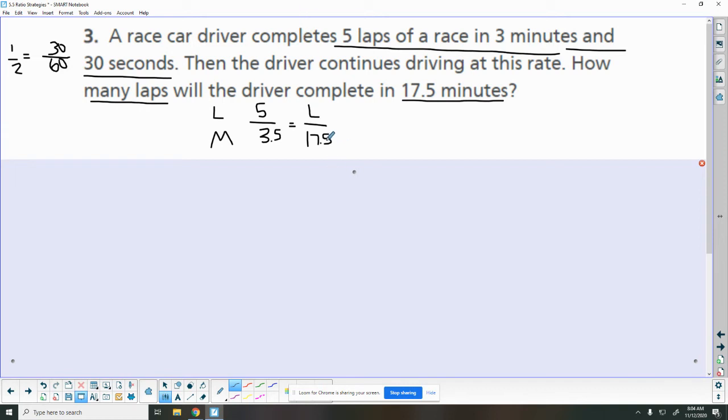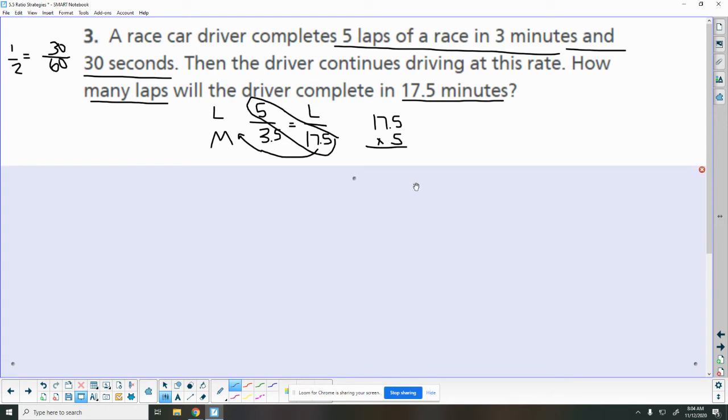But I can rewrite this problem to get L by itself. And the opposite of divide is to times this. So I can do 17.5, and I can multiply that by 5. And then we're dividing it by 3.5. So I'll need to move my decimal and move my decimal in the answer. So I want you to go ahead and try that and then come back and see if we get the same answer.